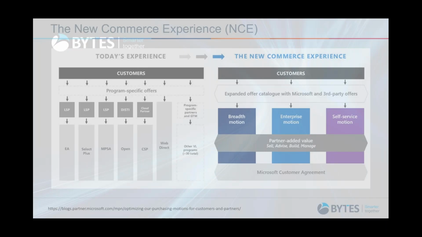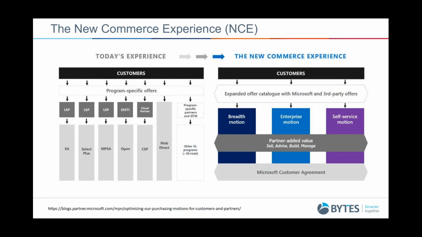I mentioned the multiple routes to market that Microsoft have had with all of their different licensing agreements. You can see on the left-hand side there that there have been various routes to market. Nirvana for Microsoft is three go-to-market motions. Breadth motion is effectively the CSP program. Enterprise motion is their enterprise agreement, which is available direct with Microsoft through licensing solution providers.